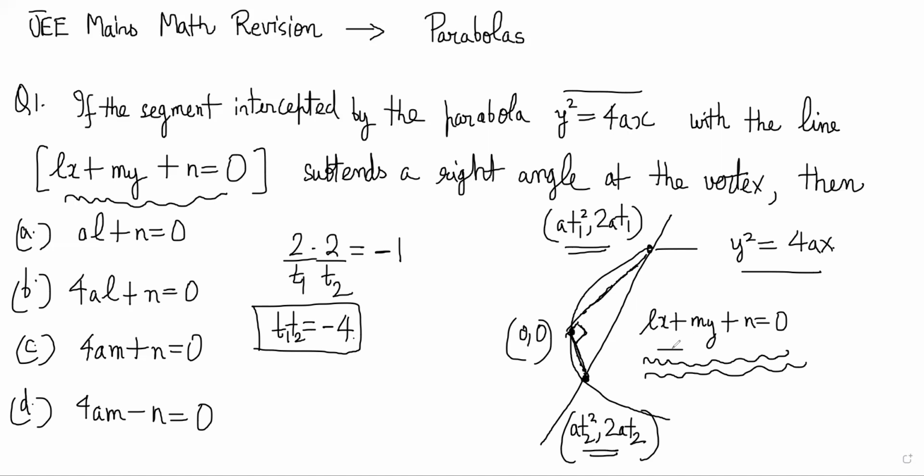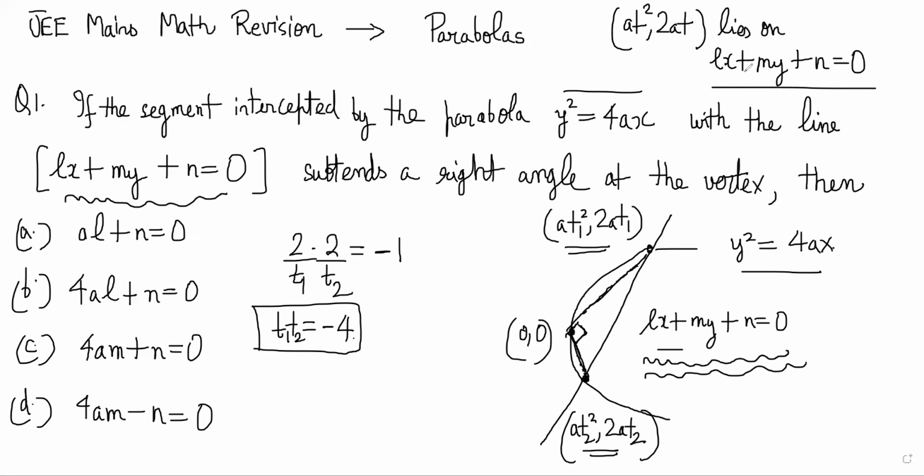So you can say that a general point (at square, 2at) lies on lx plus my plus n is equal to 0. If you put that in, you get a quadratic in t: lat square plus m into 2at plus n is equal to 0.